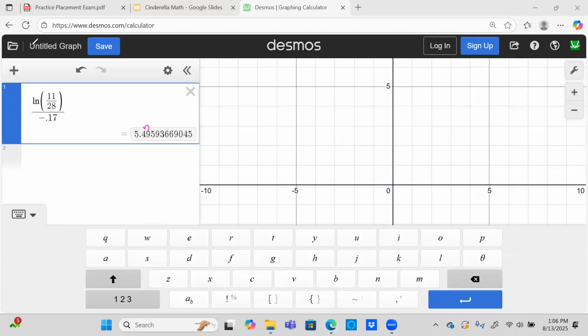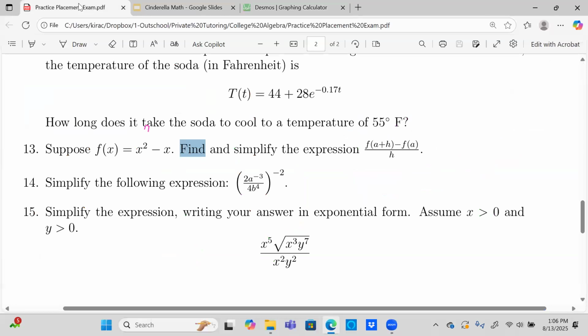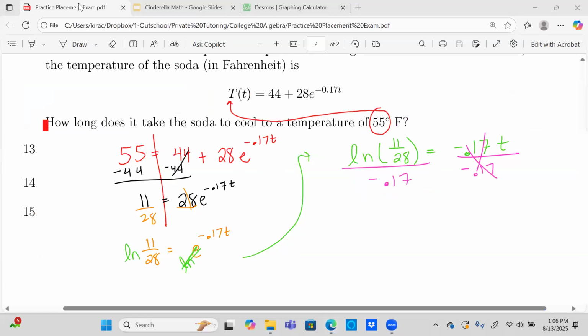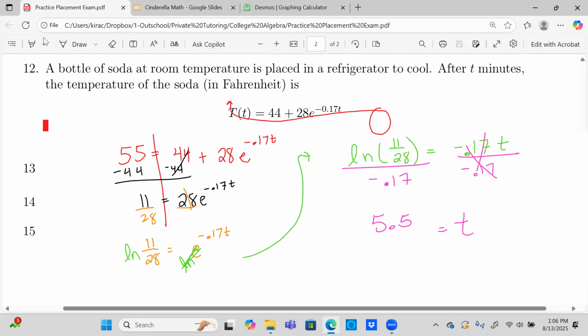I'm going to round that to 5.5. Okay, so T is 5.5. And what were we measuring in? Minutes, probably, after T minutes. So it's going to take 5.5 minutes for your soda to cool down to 55 degrees.